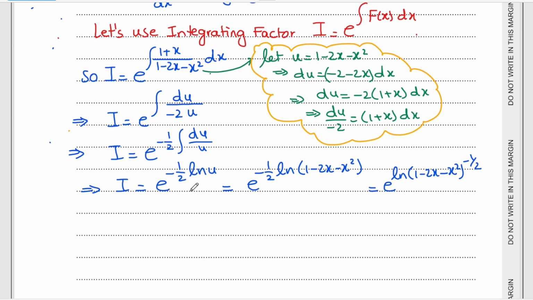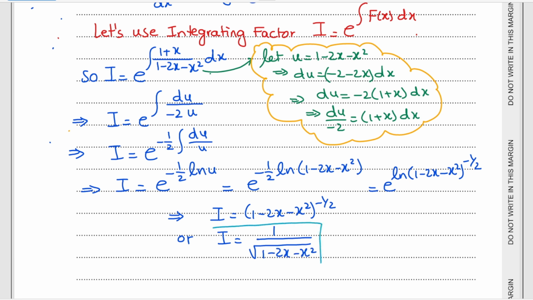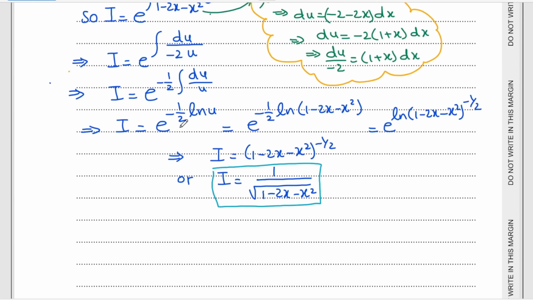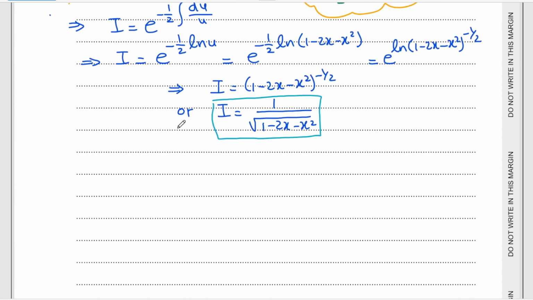The exponential and the natural logarithm cancel because they are inverse functions. So I equals (1 - 2x - x²) to the power -1/2, or I equals 1 over radical (1 - 2x - x²). And this is my integrating factor.